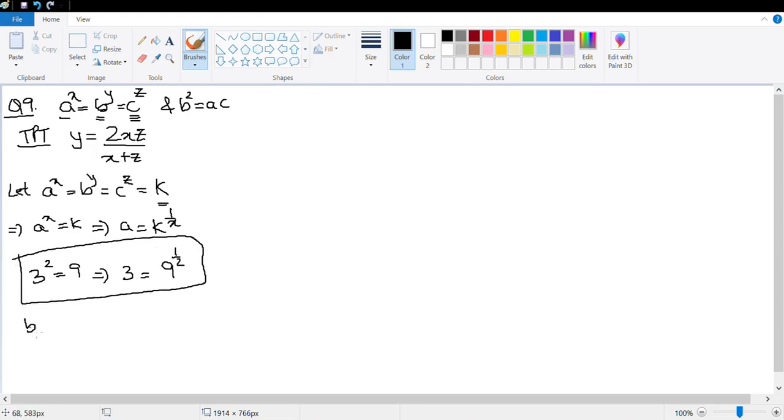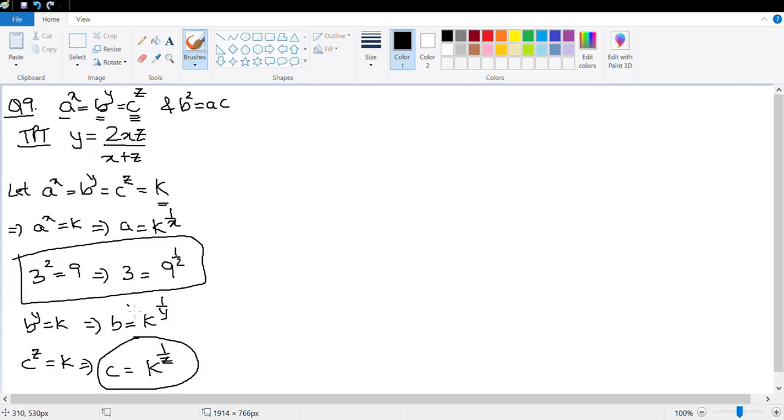Similarly, b to the power y is equal to k, which means b is equal to k to the power 1 upon y. Similarly, c to the power z is equal to k, which means c is equal to k to the power 1 upon z. So I've got all a, b, c in the same base.